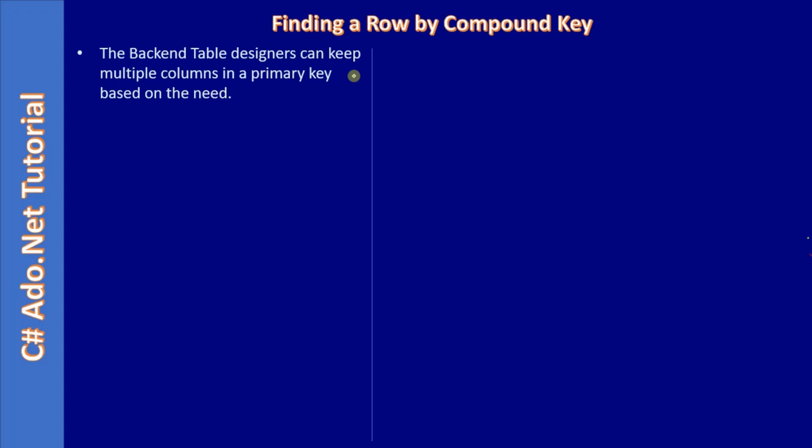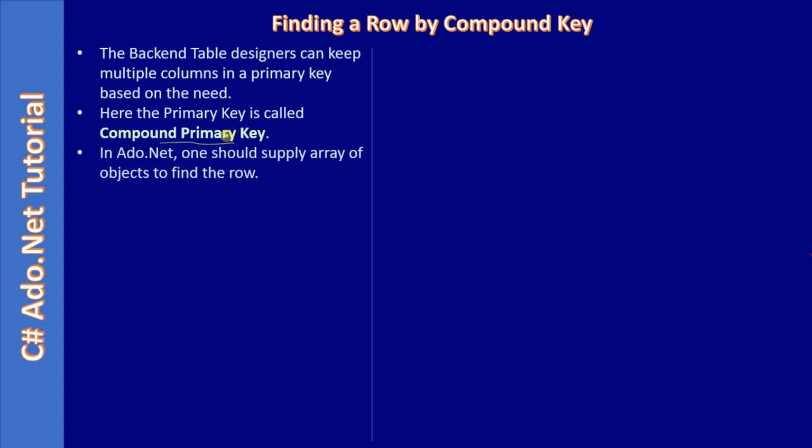That's up to the table designer in the backend, and they decide how many keys can participate in the primary key column. It can be one or more than one key. When the table designer mixes more than one primary key, that primary key is called a compound primary key.